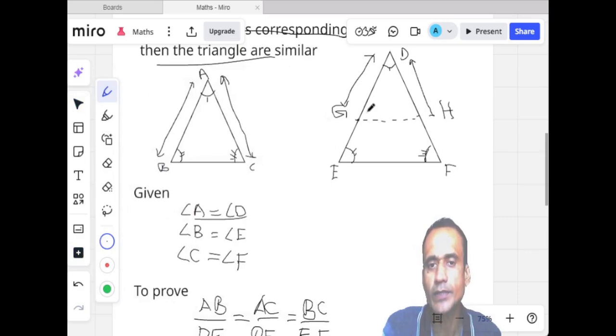So angle B is equal to angle G, and angle C is equal to angle H.